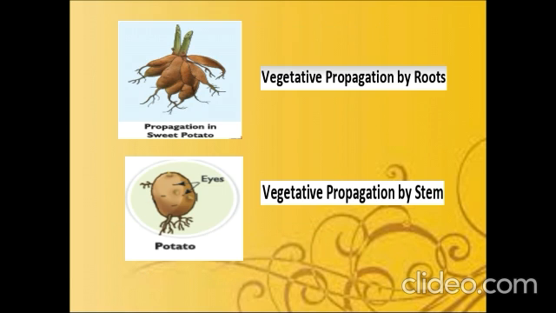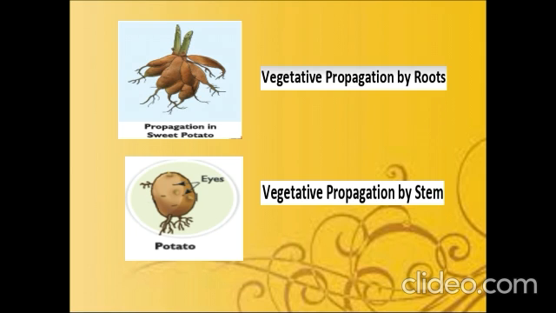Then reproduction by vegetative parts. That means reproduction with the help of stem, roots, leaves, flower, etc. Vegetative propagation by roots: the root of a plant may be helpful in producing a new plant, as in propagation in sweet potato.